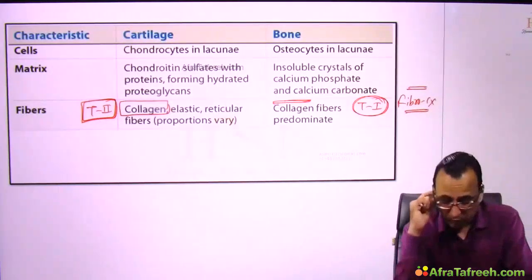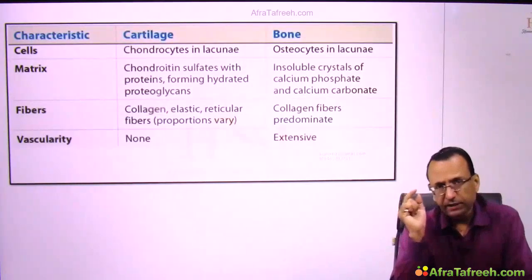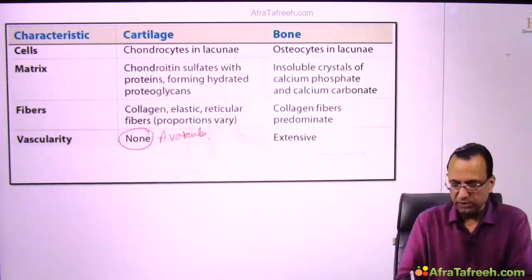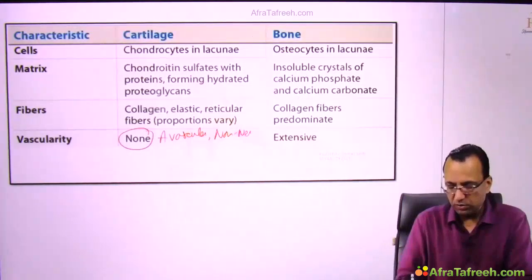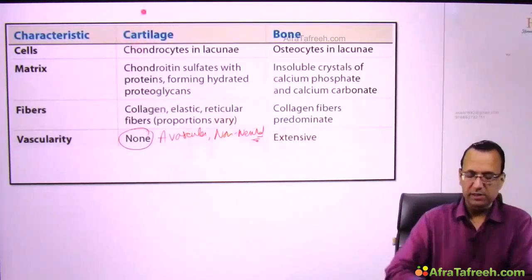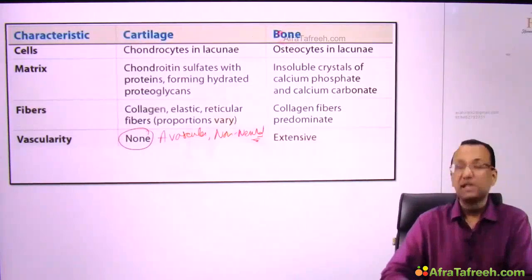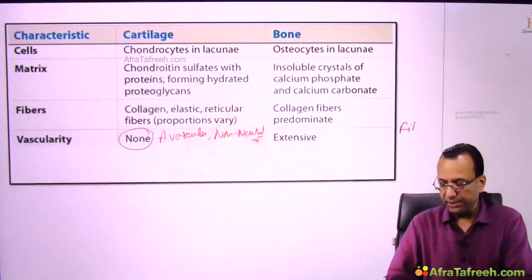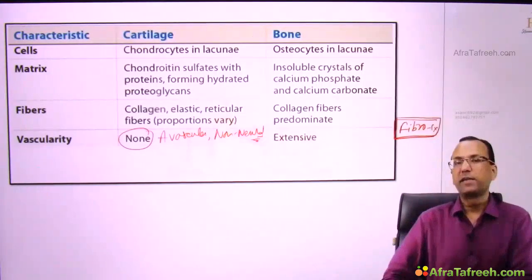And what about the vascularity? None. They are avascular. Not only are they avascular, but they are non-neural also. So that means the cartilage has no nerves and no blood vessels, but the bone has a neurovascular bundle. Yes, but remember one more thing. Again, fibrocartilage is atypical cartilage. Why would you say fibrocartilage is atypical cartilage?